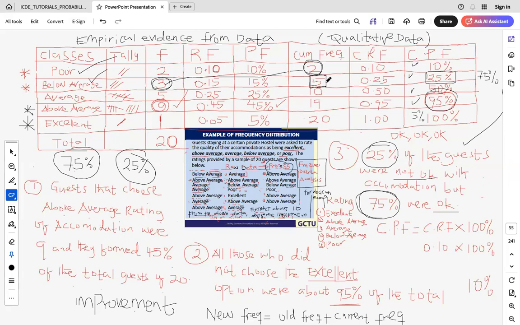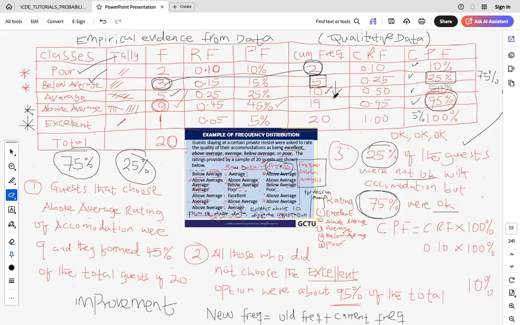The moment I get here and I want to move to this line, the process starts again. 5, which is new frequency, will now become old frequency 5 plus current frequency 5. That will give me a new frequency of the 10 you are seeing here.